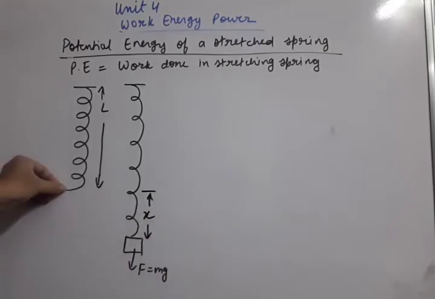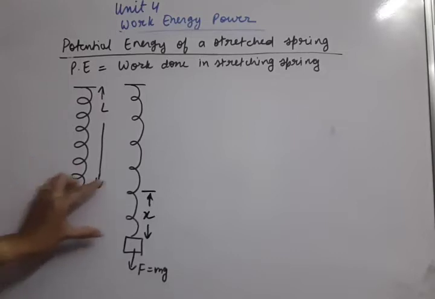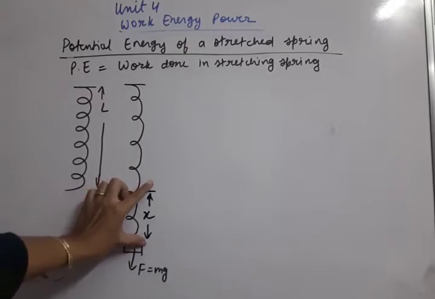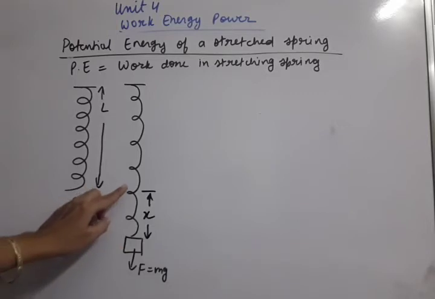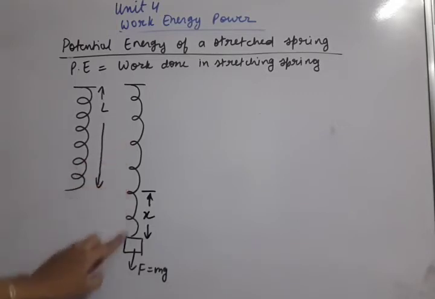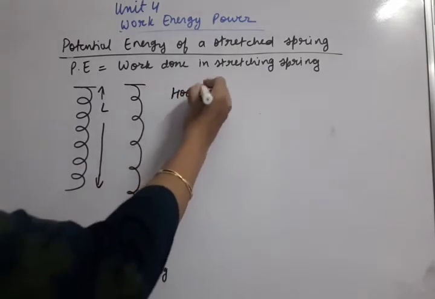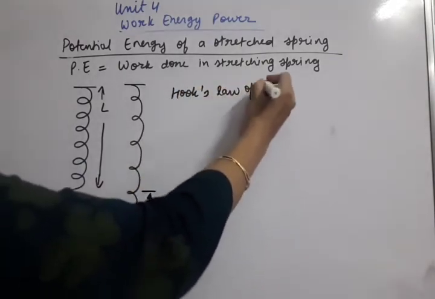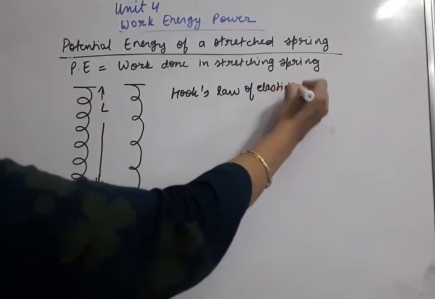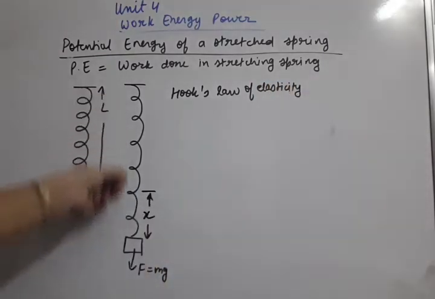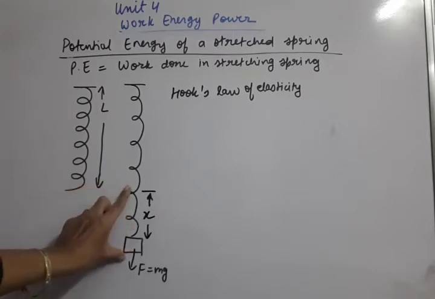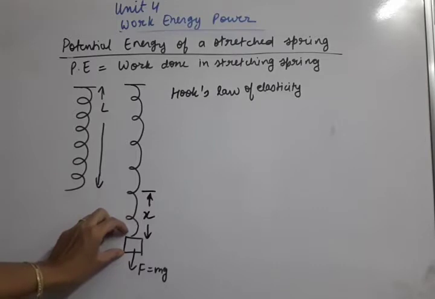The last point of the spring, which was earlier here, has now shifted down. So how much displacement has taken place? That is x displacement. Now, when the spring is stretched in the downward direction, Hooke's law of elasticity applies. It says that whenever a spring is stretched or extended, then if we remove the load, a restoring force will be applied in the opposite direction.